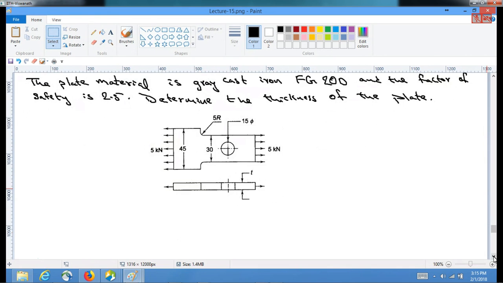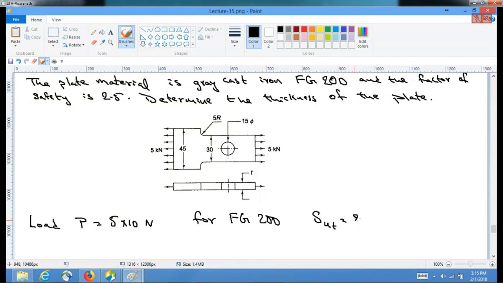So let us take the given things: load P is equal to 5 kilonewtons, and for Fg 200 we know that SUT is 200 Newton per mm square.